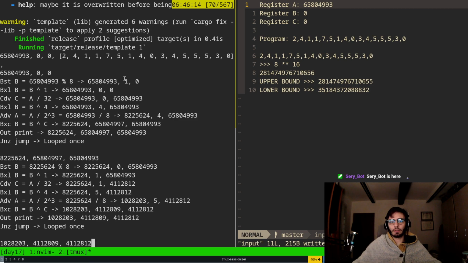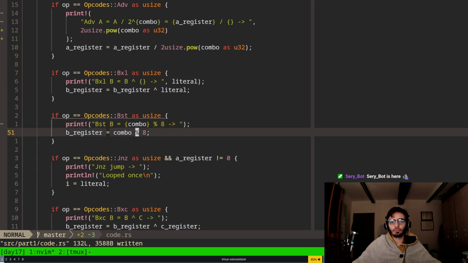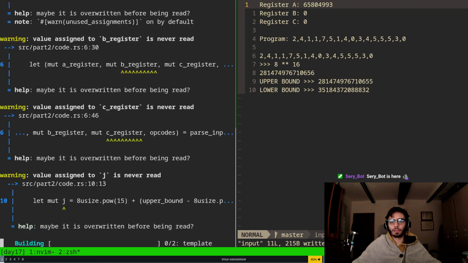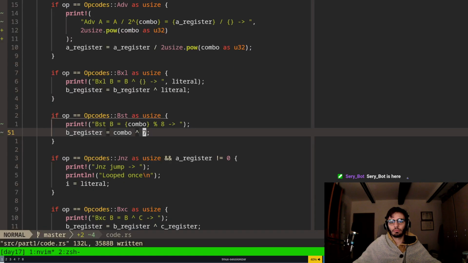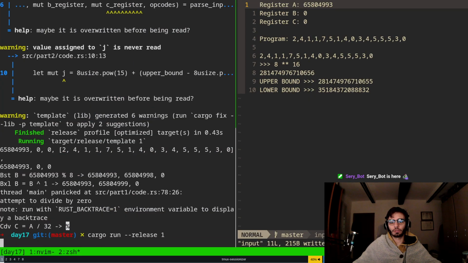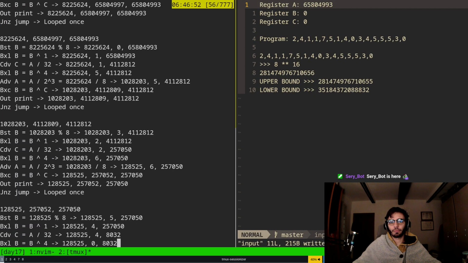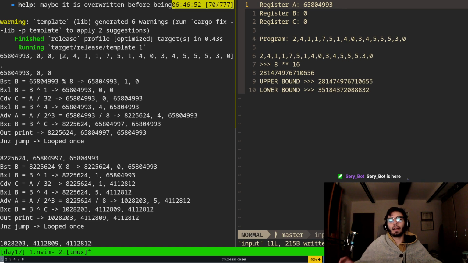Now I've seen someone do an OR of 7. Doesn't look like it works. Well, anyway, I know that this should be keeping the lower 3 bits.